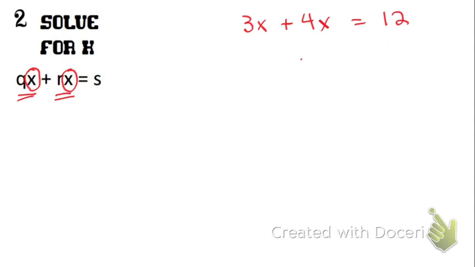Instead, I could say, hey, this has an x and this has an x. So I can factor out, remember, the greatest common factor. I can divide both of those by x. And when I divide this by x, I end up with a 3. When I divide this by x, I end up with a plus 4.